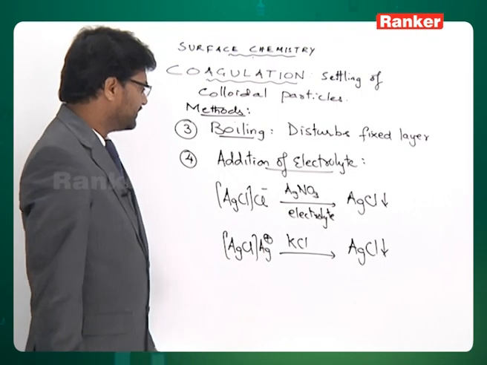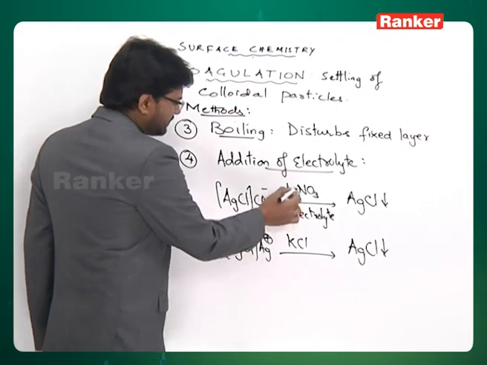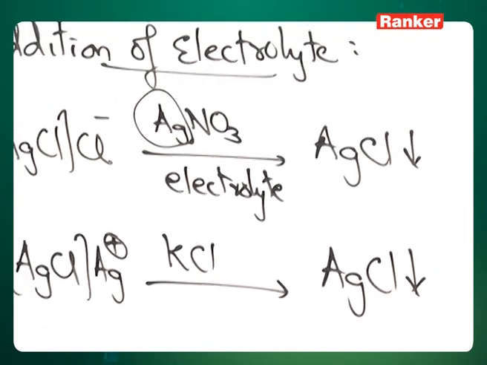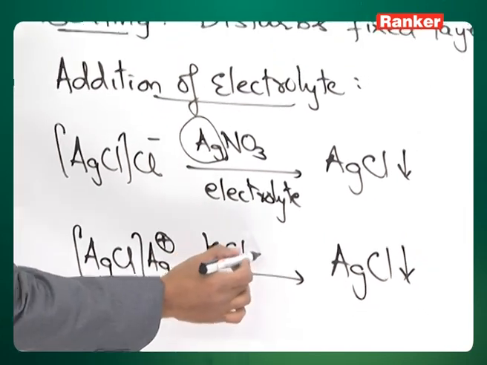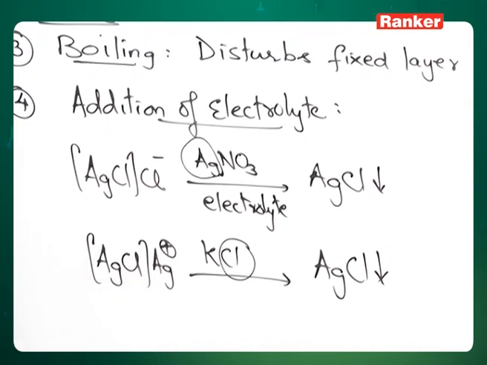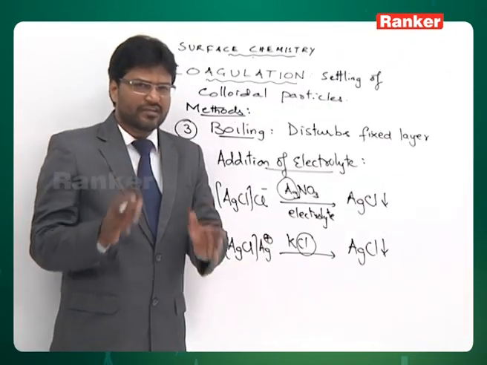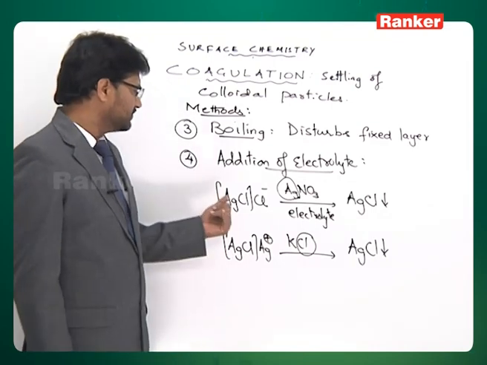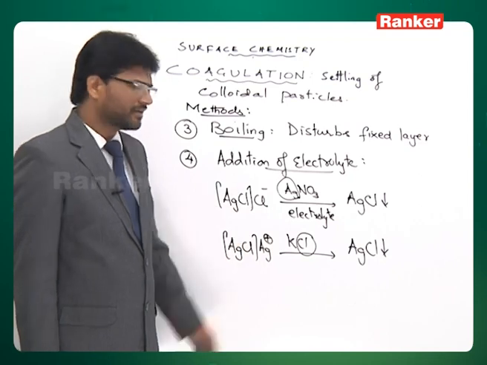So what you have realized is, in the first case the coagulating ion is Ag plus because the colloidal particles are carrying negative charge, and in this case the coagulating ion is Cl minus because the colloidal particles are carrying positive charge. So the coagulating ion will carry opposite charge to the charge carried by the colloidal particle.